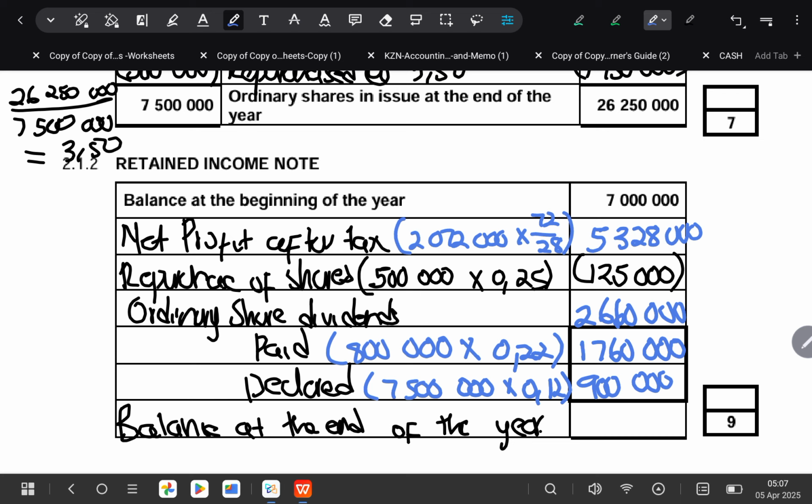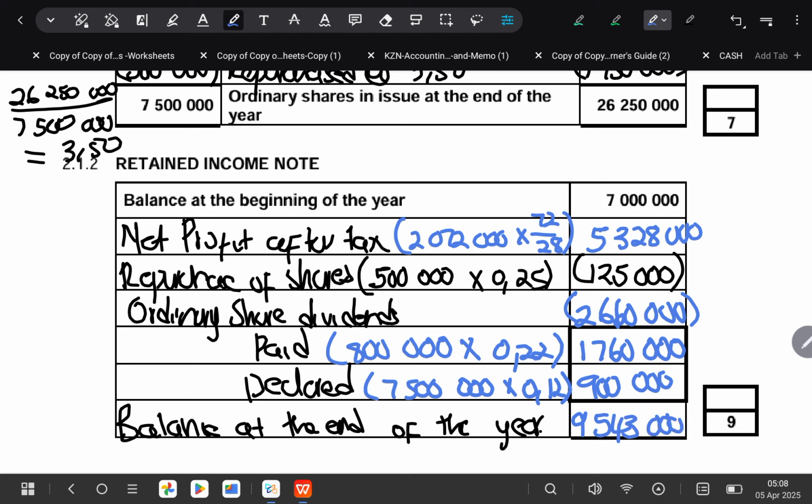So let's get the balance of the retained income at the end of the year. We're going to say 7 million plus 5,328,000, and then we're going to subtract 125,000, and remember your ordinary share dividends have to be in brackets, and then we are also going to subtract 2,660,000, and then the answer that we get is 9,543,000.